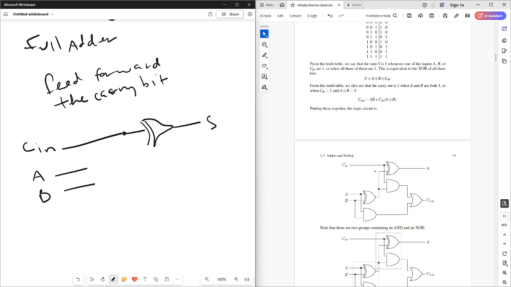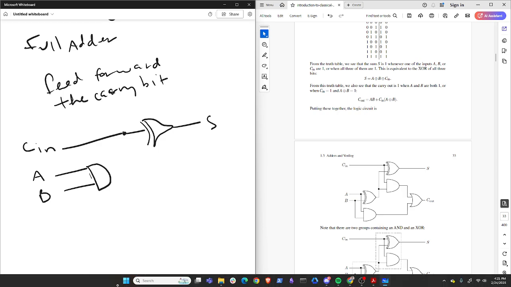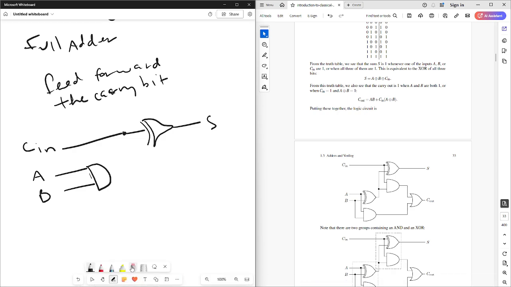So our sum is going to be another XOR, except this time we'll be taking the values of A and B.